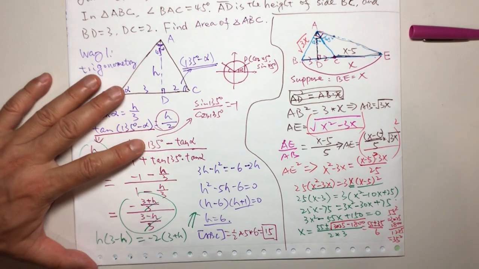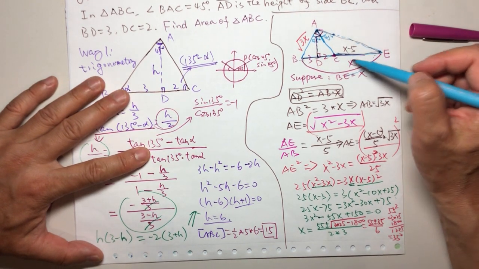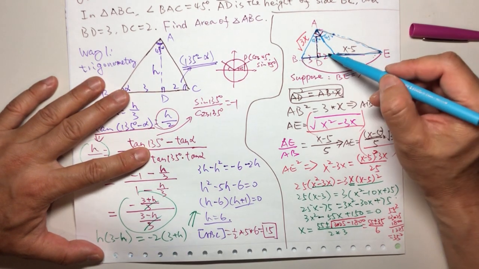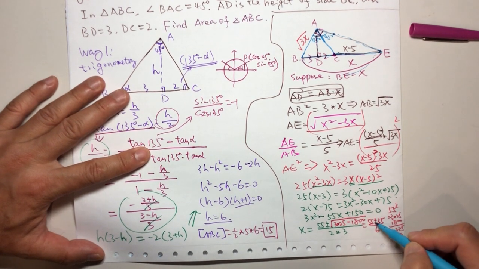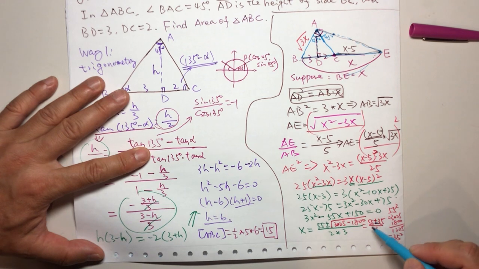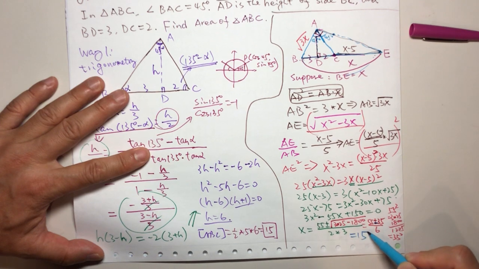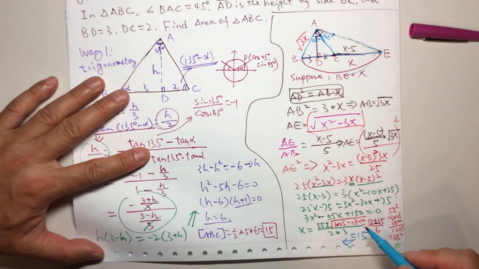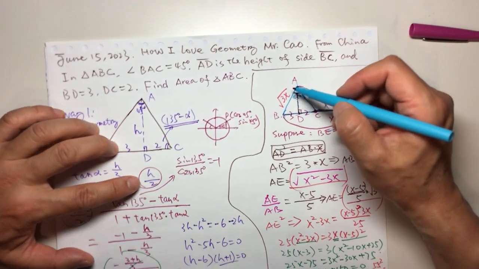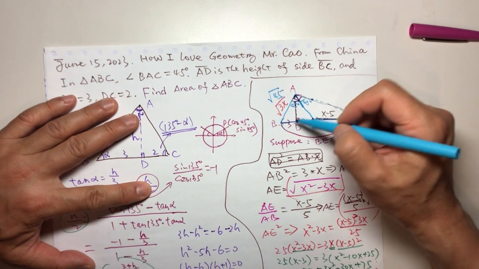So we know this is x. x must be greater than this 3 plus 2, yeah, greater than 5. So when it equals minus, we will reject. So 55 plus 35 is 90, right? 90 over 6, we know x is 15. So when we got x equals 15, then this side is the square root of 45.